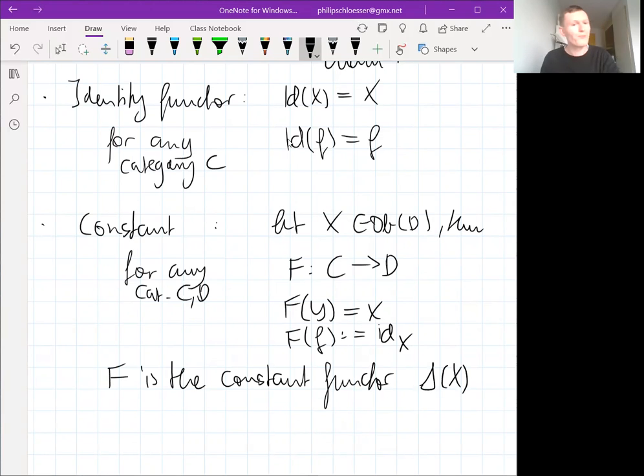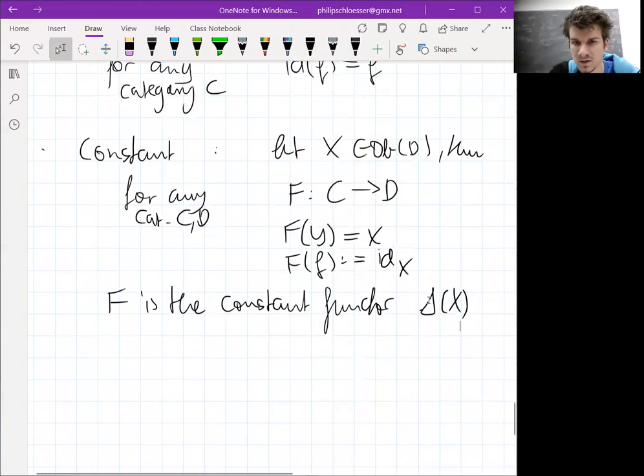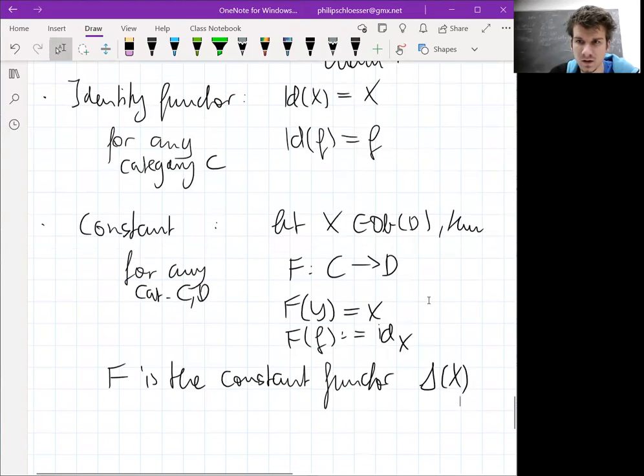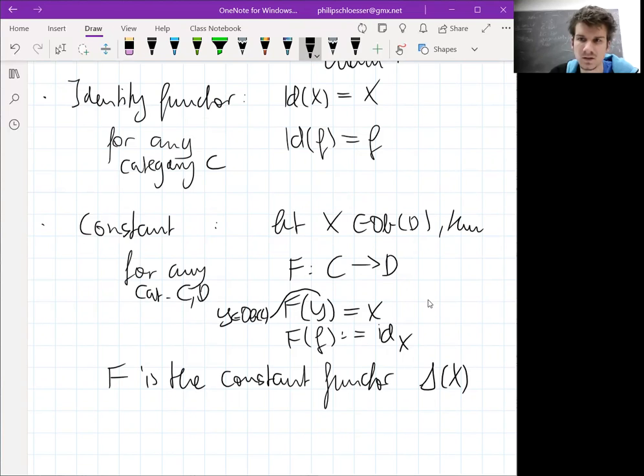Delta X. And the constant functor isn't unique because X still isn't specified, right? It maps every object Y of C to X, but it doesn't tell us how. No, it just says, you give me any object of your category, I give you X back.